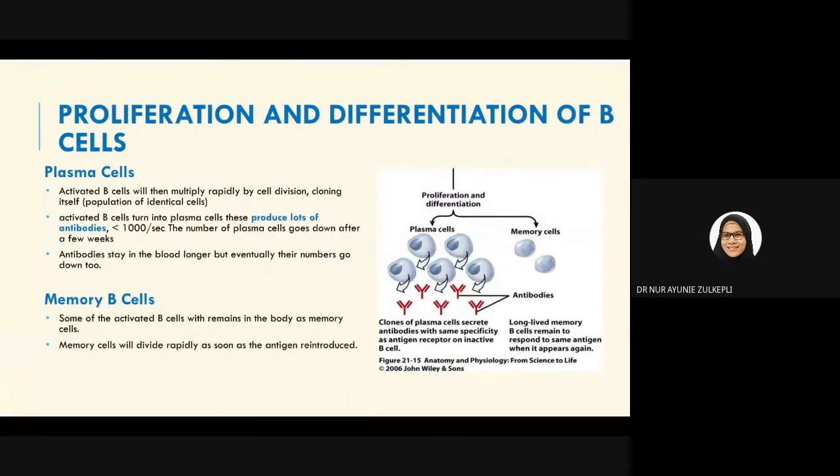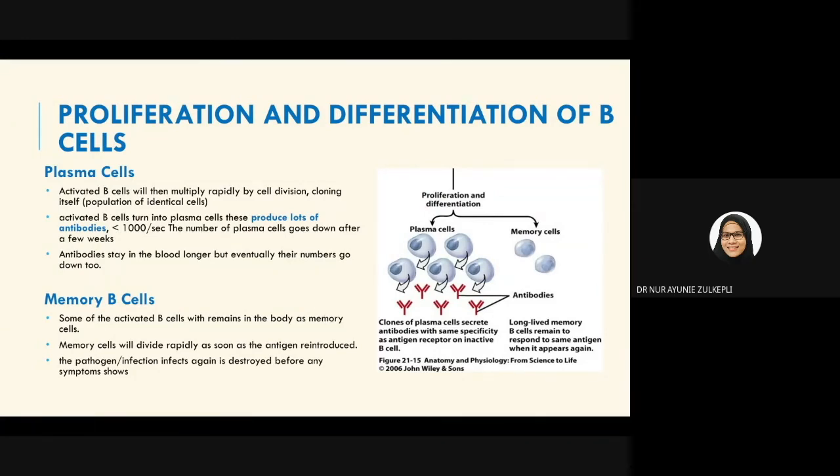As for memory B cells, some activated B cells will remain in the body as memory cells upon differentiation into clonal daughters. The memory B cells will be used for a subsequent attack.